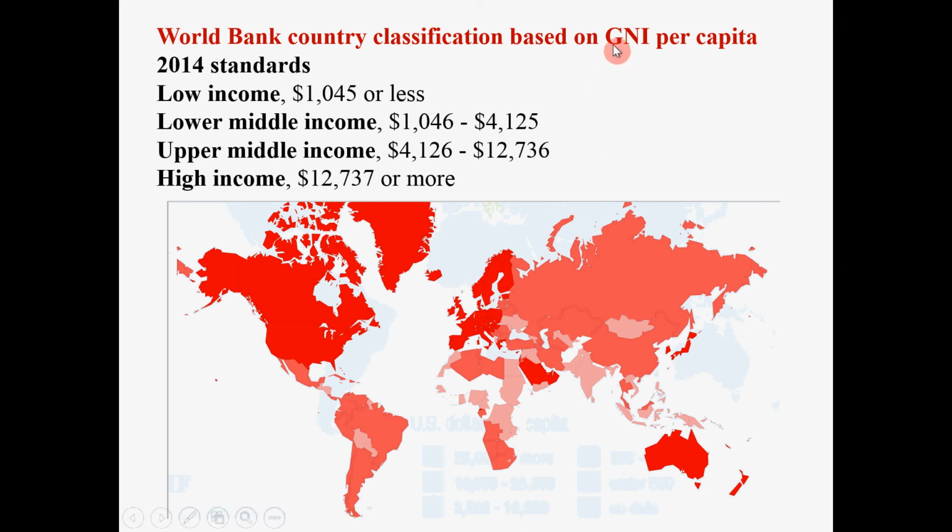So gross national income is measured very close to GNP, and this is a map where we use World Bank gross national income to divide countries into 4 categories. The point of this map is to show that there are still international economic institutions that use GNP as a measure of income.